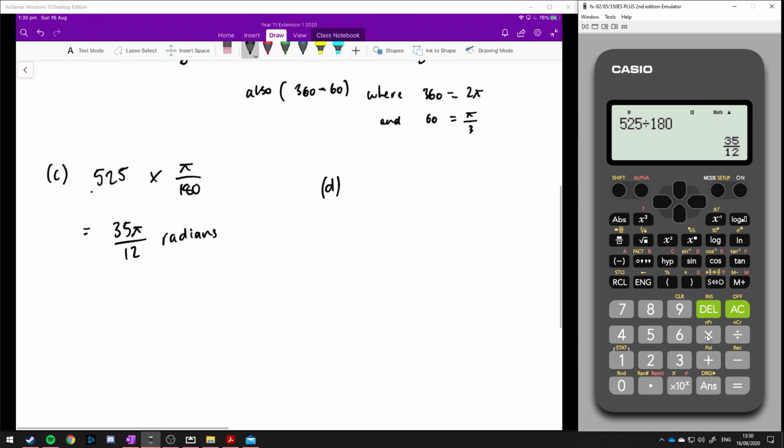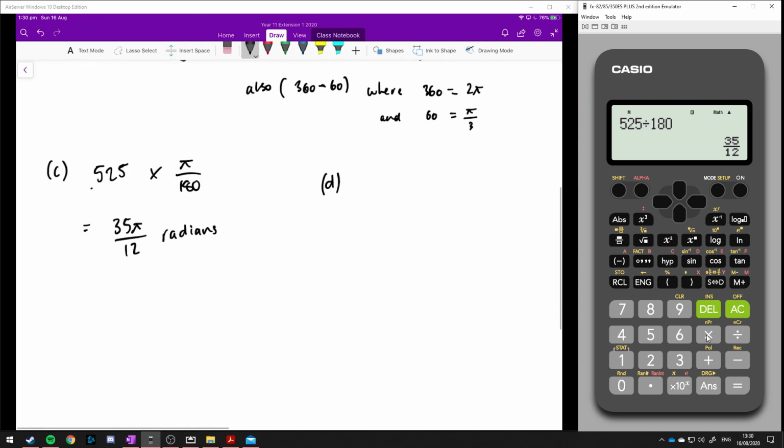And last but not least, D. And D says 61 degrees. So we know 60 degrees is equal to exactly 1 radian, so it's going to be pretty close.